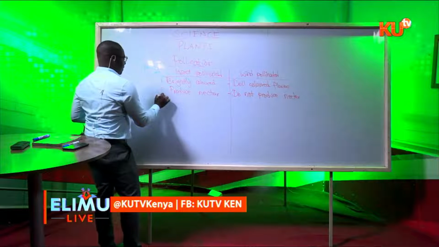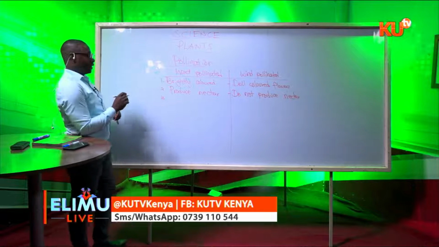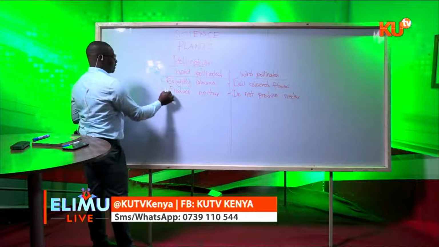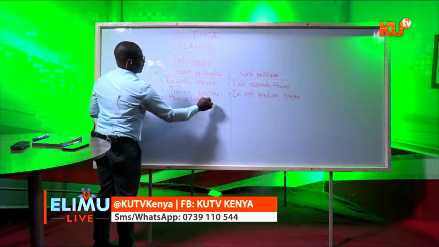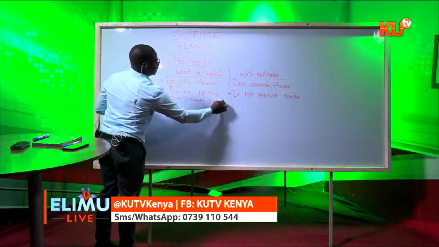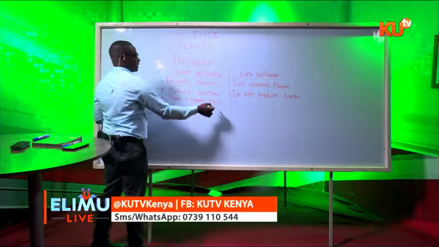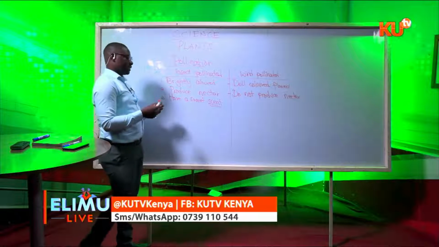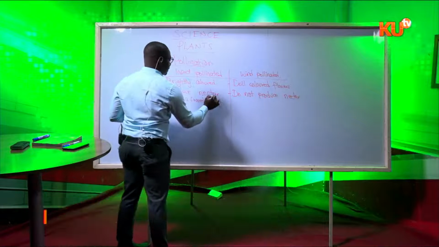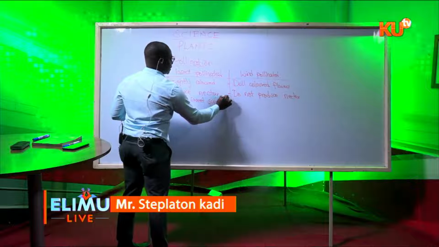Number three, insect pollinated flowers have a sweet scent. Scent here means smell. It is just the same as saying they have a good smell.